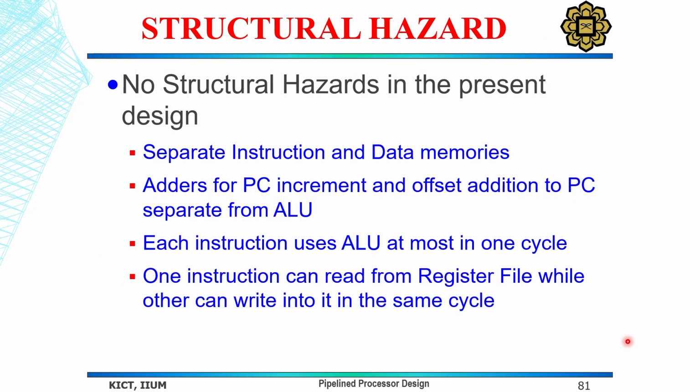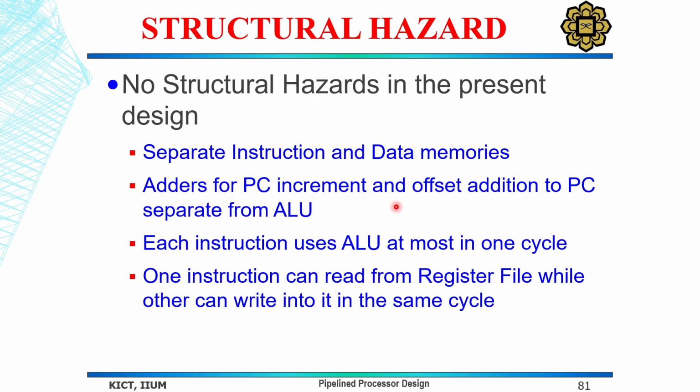But take note that there are no structural hazards in the present design which we are covering in this course. Because we are using the single cycle data path as our base, we don't have the problem for the pipeline design. We have separate instruction and data memories, so there is no conflict for the memory part. We have a separate adder for PC increment and offset addition, apart from the ALU itself.